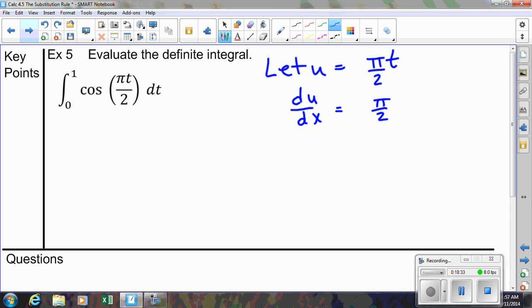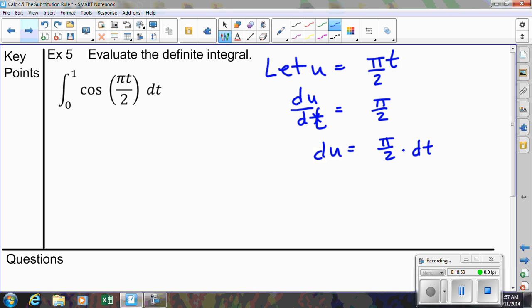I said dx. It's based on t. I got to backtrack a little bit, guys. I just wrote dx here, du dx. We're taking du dt, the derivative with respect to t. I was misspeaking. Anyhow, to continue it, we would then get du equals pi over 2 times dt.